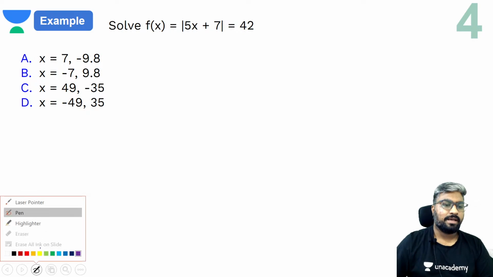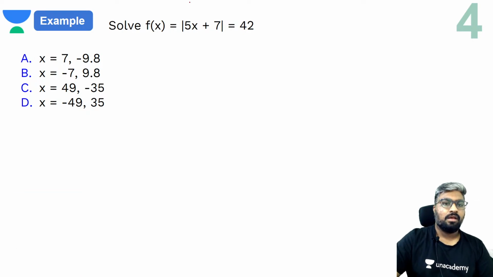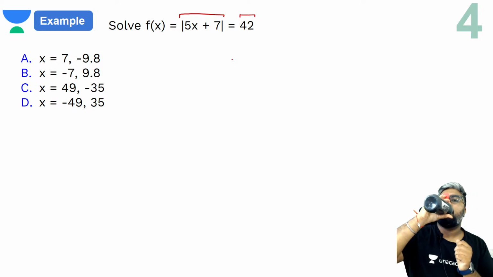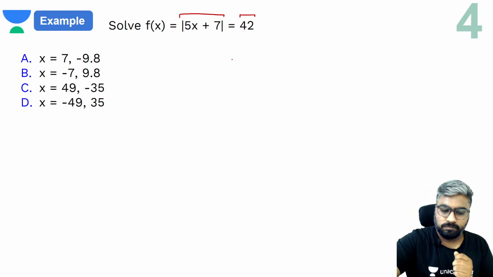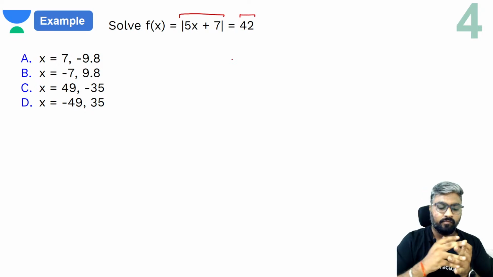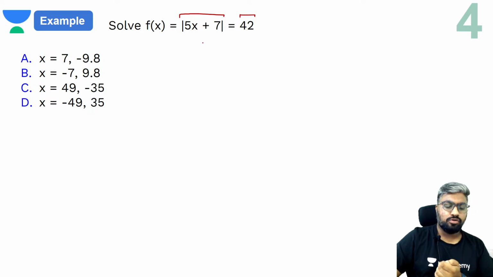Let's try the next question. Solve for x if modulus 5x plus 7 is 42. Quickly try this. So like I said, two possible cases here.